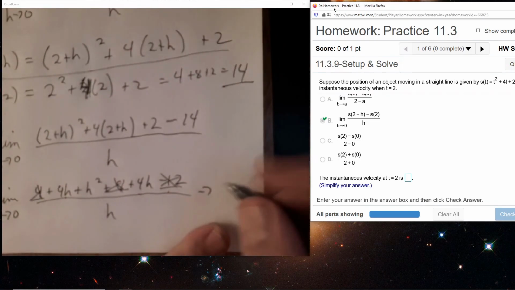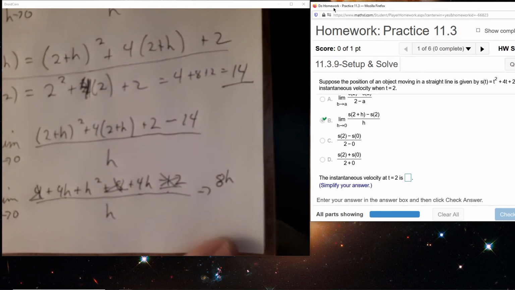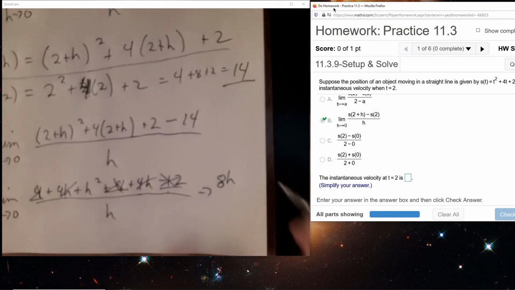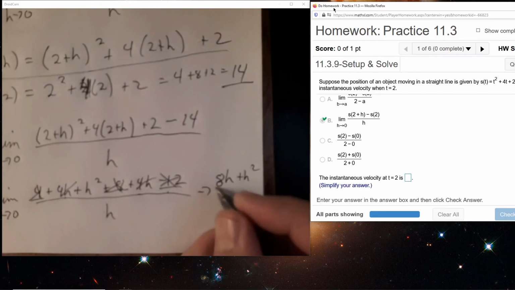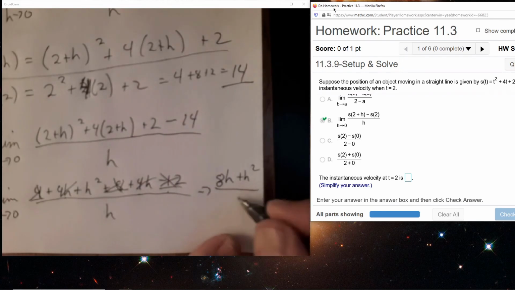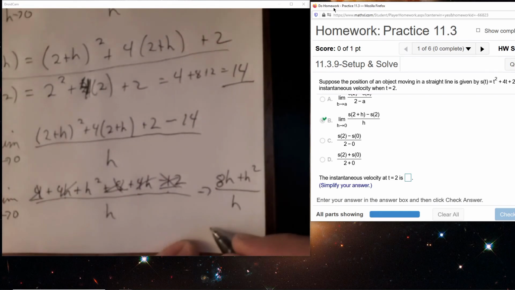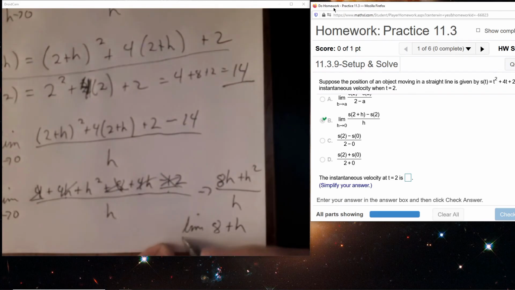Let me just kind of shortcut this a little bit. So we've got 8h, so 4h plus 4h. And then we have our h squared. And this is all over h. And so we can have an h divide out to get 8 plus h. And then this is our final limit.